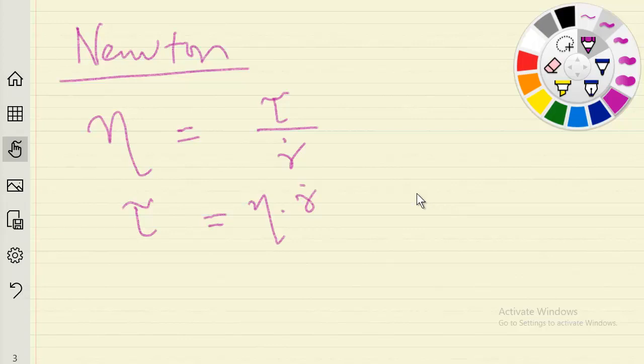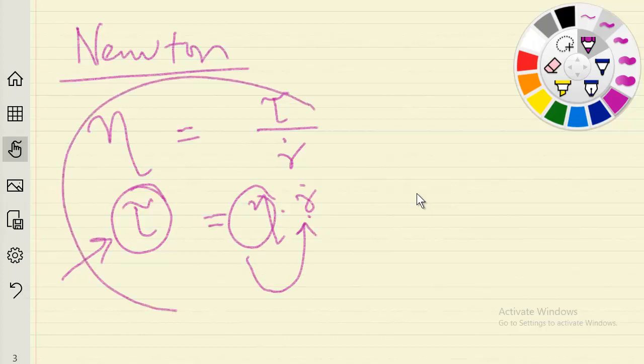That means shear stress is viscosity times shear rate. But now we need to understand why this concept is important.